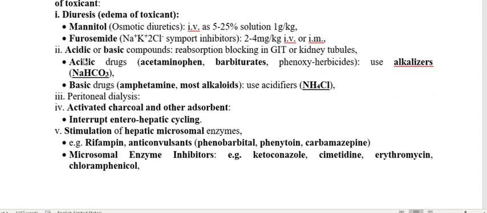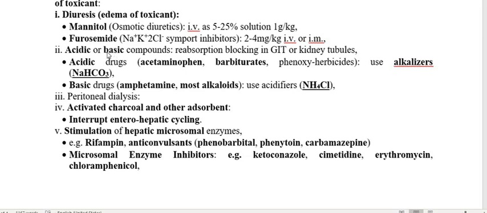Second, if you are varying the chemical nature of the toxicant, you have to nullify the activity by giving the just opposite nature of compound. If the toxicant is acidic, then you have to give a basic drug.